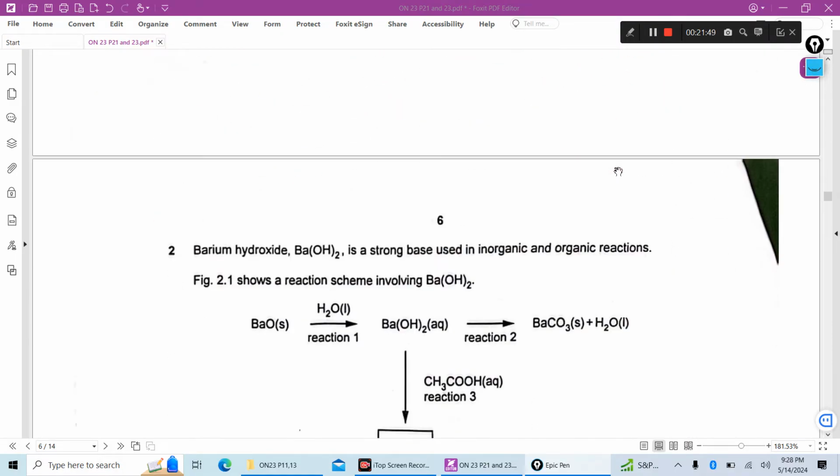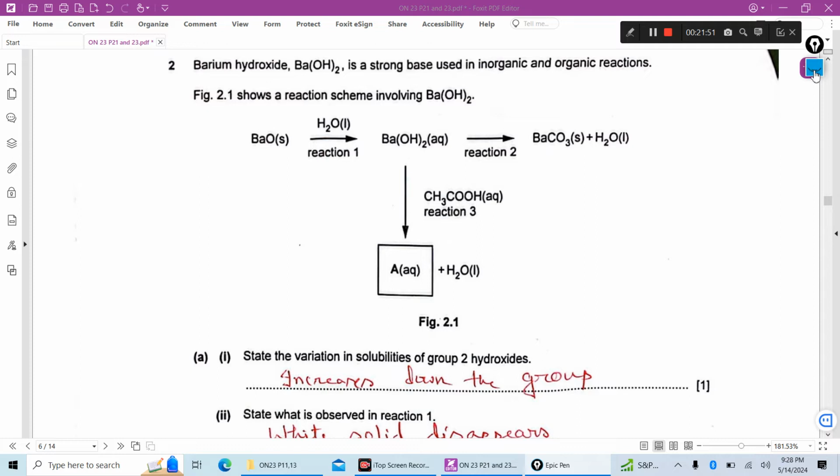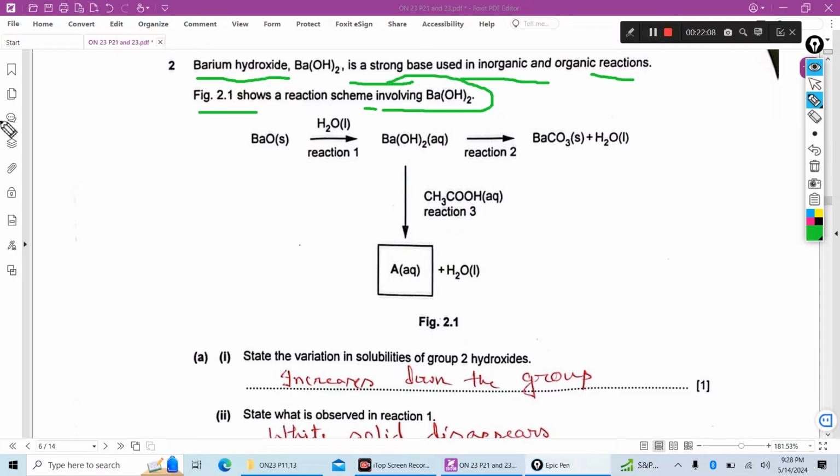Next, number 2. Barium hydroxide is a strong base used in inorganic and organic reactions. Figure 2.1 shows the reaction scheme involving barium hydroxide.